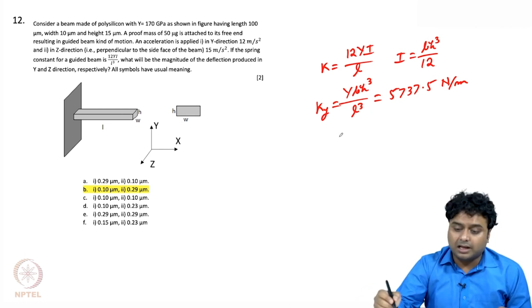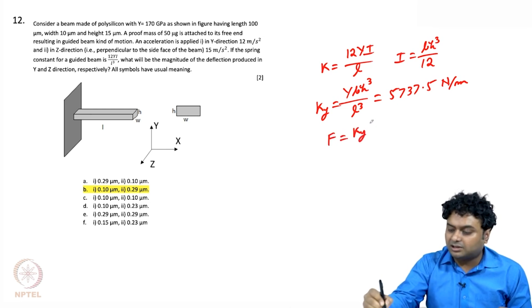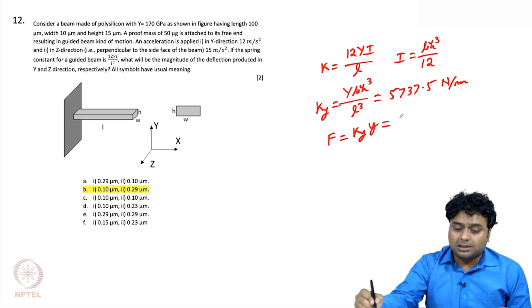We have been given the acceleration and asked for the deflection, right? Now what is the force? Force is equal to k y, and let's say the deflection is y. So k y into y, ultimately I need to calculate the y, and that is equal to m into a, means the proof mass into the acceleration, right?